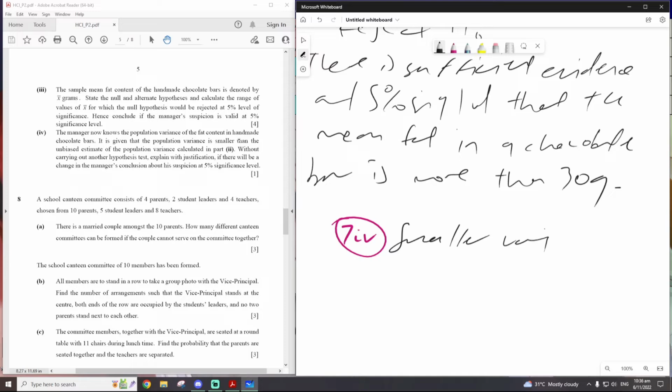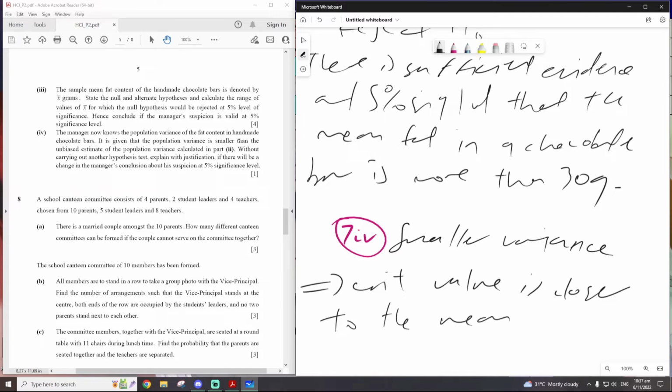Smaller variance implies that the critical value is closer to the mean. So that means the p-value at the same level will be even lower.